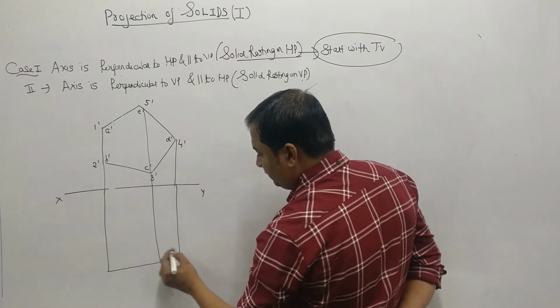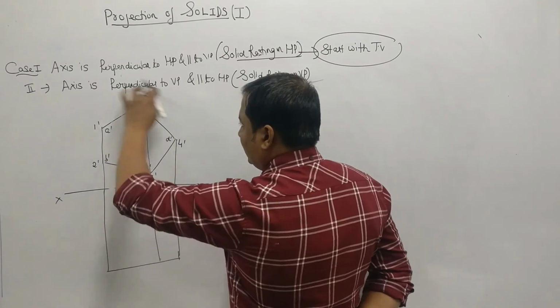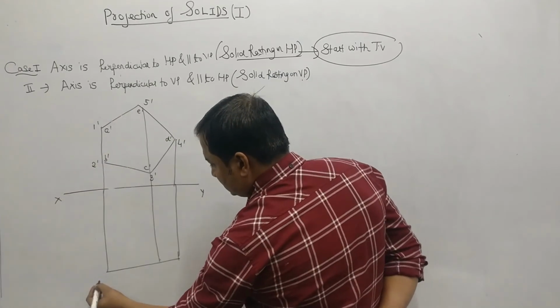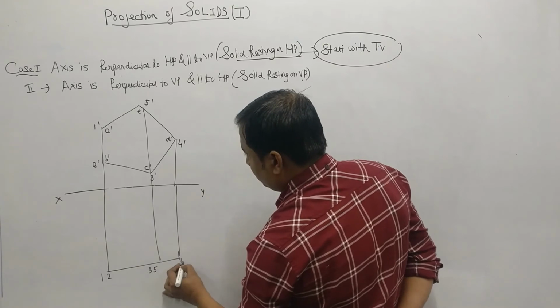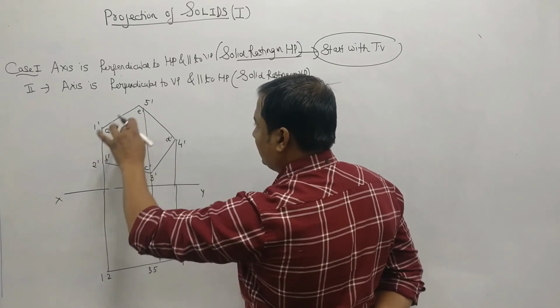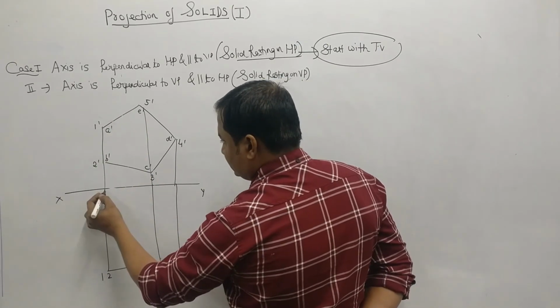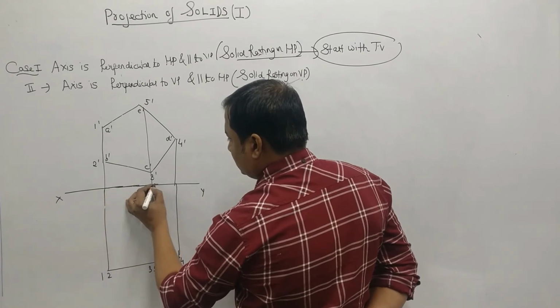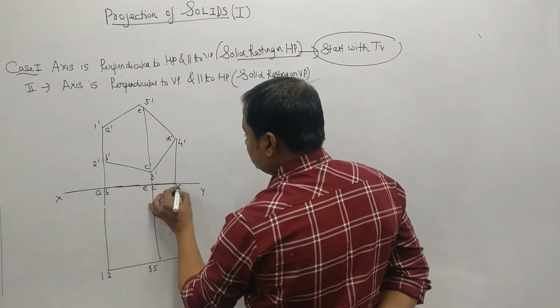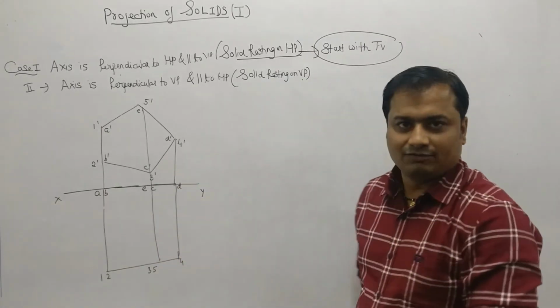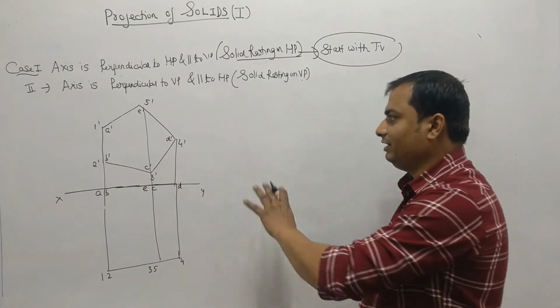So this is my top view. Numbers are outside the pentagon, so they will be at the bottom: this will be 1, 2, this will be my 3, 5, this will be 4. The alphabets which are inside the pentagon will be touching the XY. So this is the base of the rectangle, this is my A, B, E, and C, and this is my D. So this is the first, for a pentagonal prism resting on the VP.